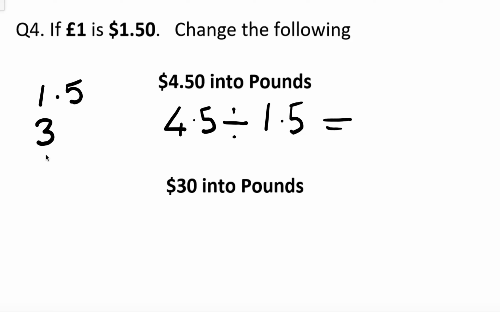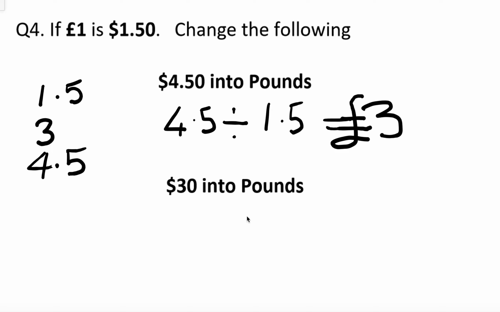And then if we add another 1.5 on, that will be 4.5. So how many is that? 1, 2, 3. So there's 3 1.5s in 4.5. So what does that represent? The 3, again, we're turning dollars into pounds. £3.